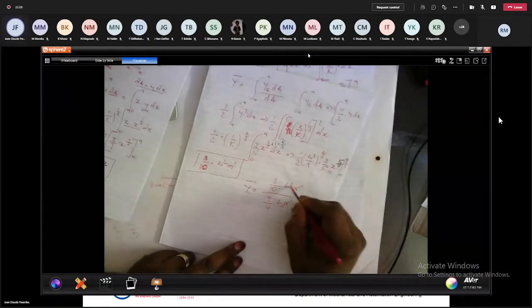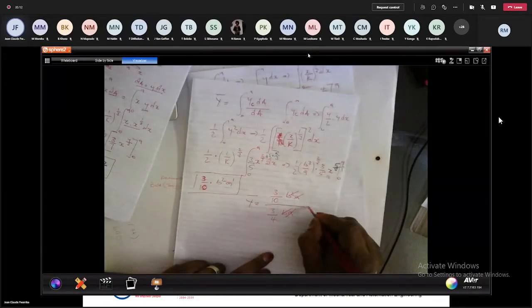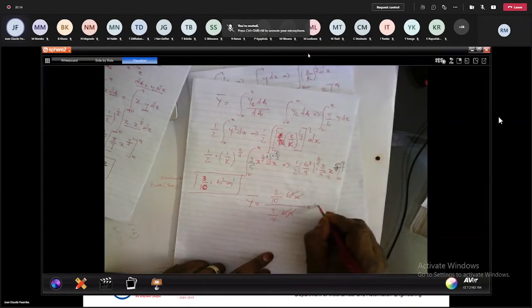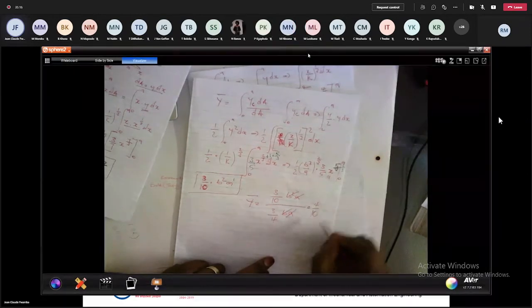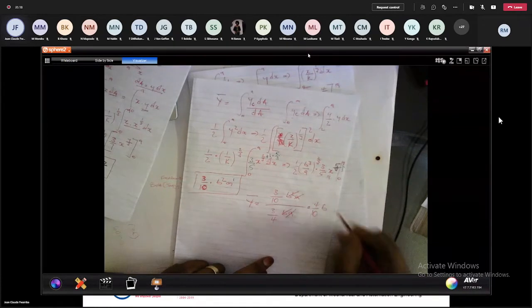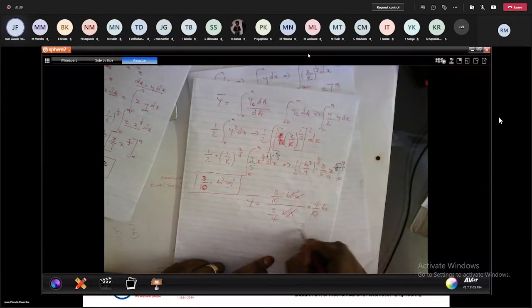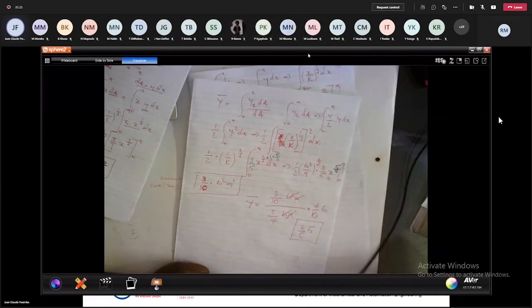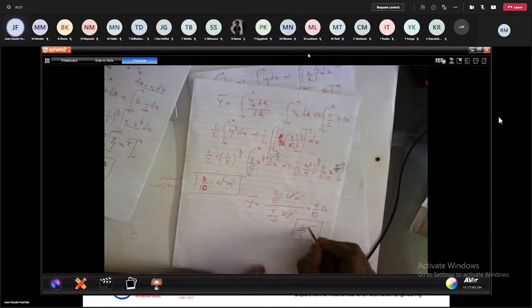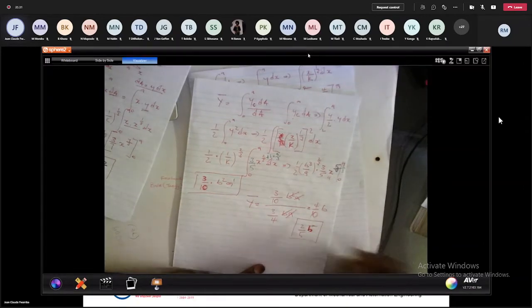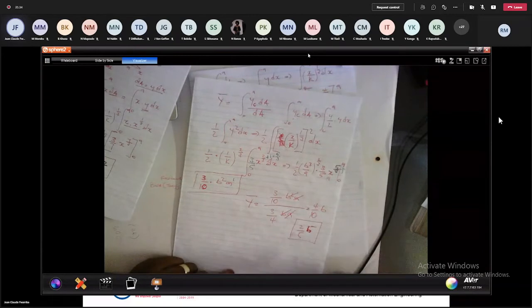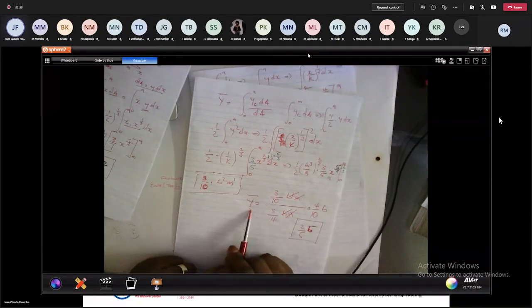So which will do like this. It will be 4 over 10 b, or 2 over 5 b, right? So that will be my y bar, all right? That will be my y bar.